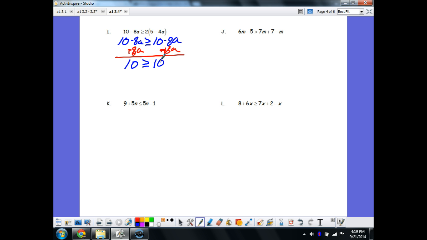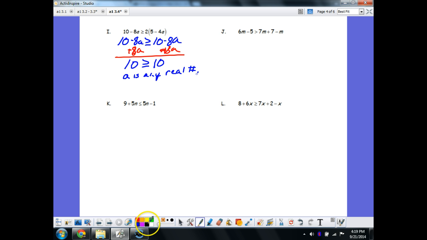So, when is 10 greater than or equal to 10? Well, 10 is always equal to 10, so therefore, a is any real number.